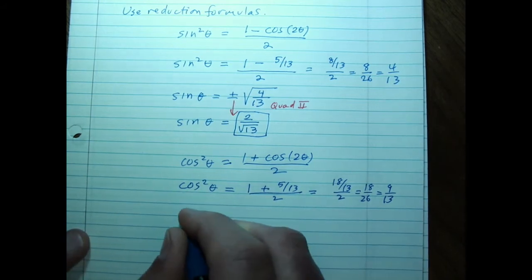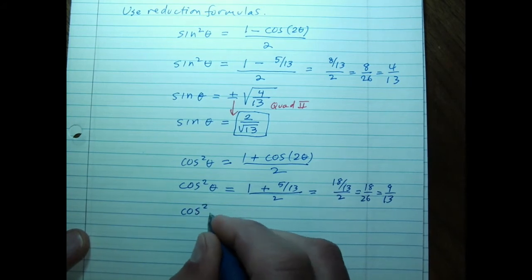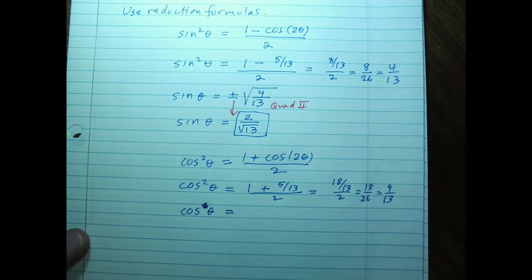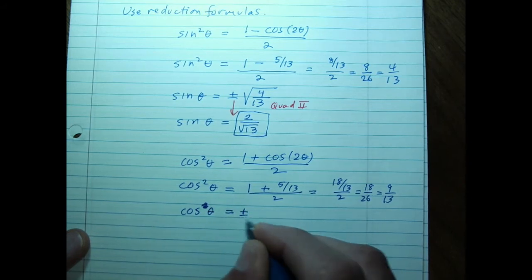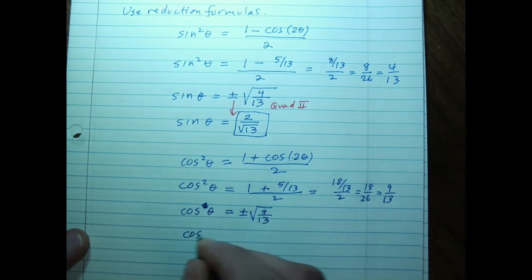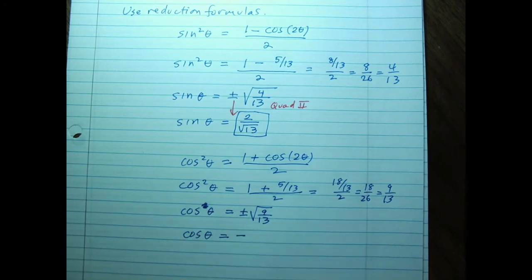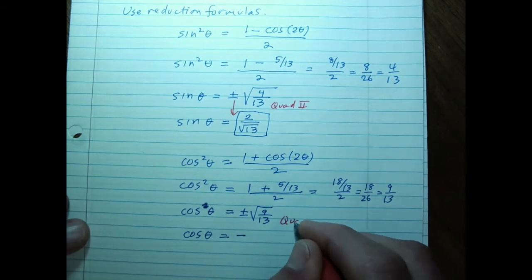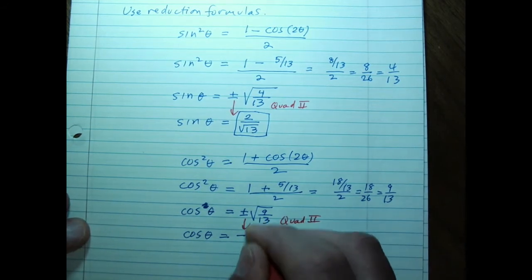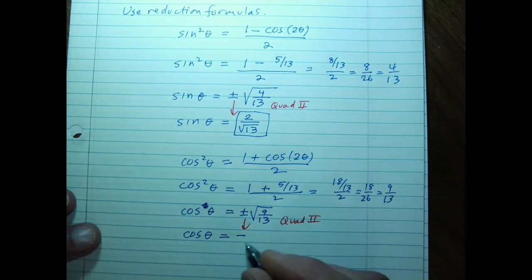And so cosine theta, we're ready for cosine theta here, is going to be plus or minus the square root of 9/13. Let's see, cosine theta is going to be negative, right? Because we're in quadrant 2. So as far as cosine's concerned, that tells us to take a negative 3 over the square root of 13.